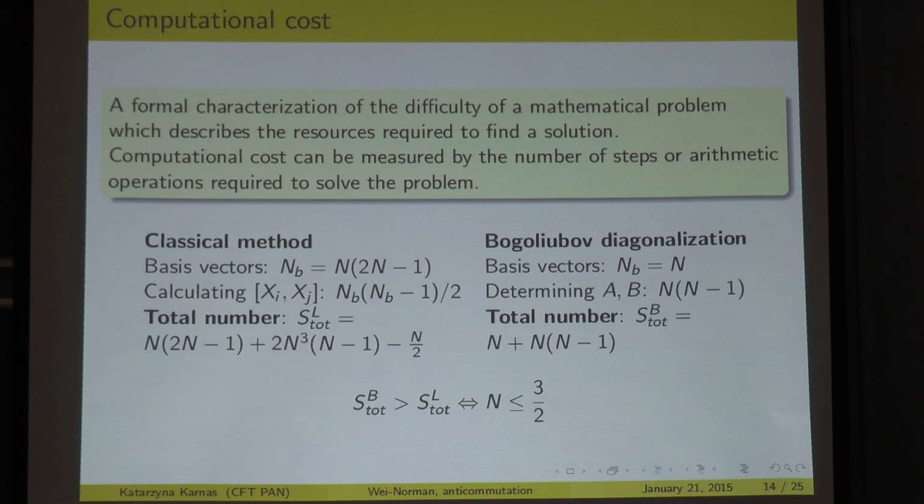But it says that the total number is larger. Yes, Bogoliubov, that's right. The Bogoliubov transformation requires only n basis vectors, a quadratic function, while this is a fourth power of n, so with increasing n, the SL total must be larger than SB total.